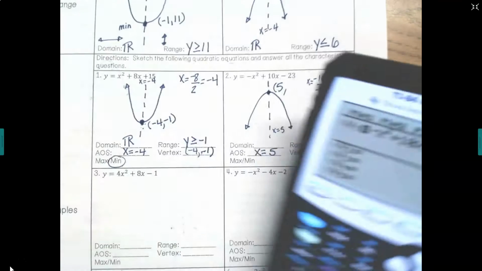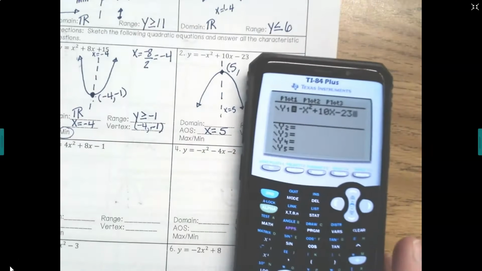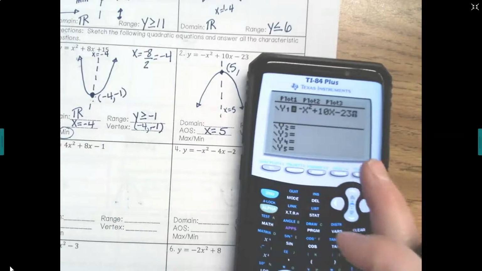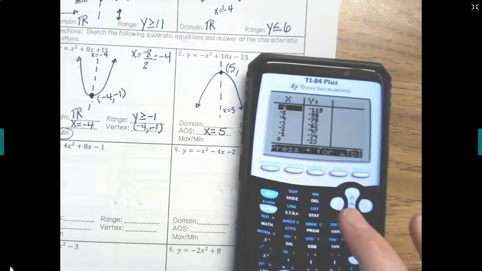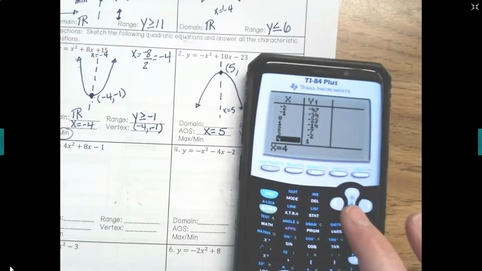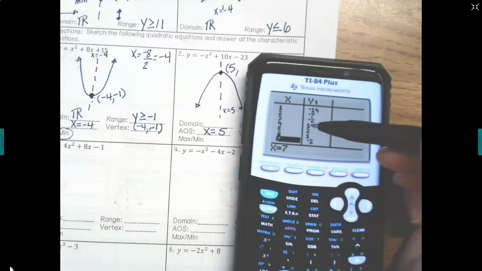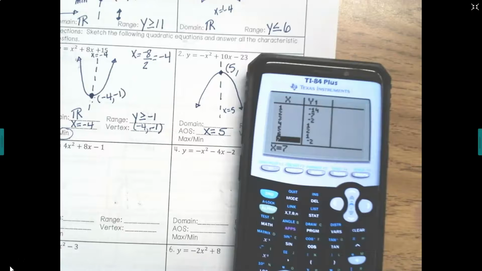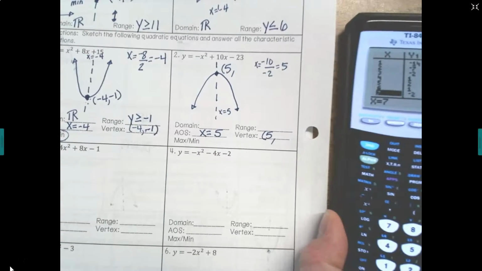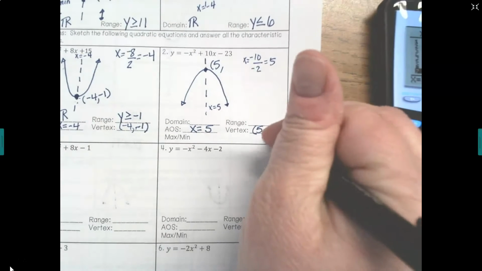So I put the equation into my graphing calculator. I'm going to go look at the table of values where x is 5, and I get a y value of 2. I double check above and below, and I see that symmetry coming out, so I know I'm in the right spot. So when x is 5, y is 2.